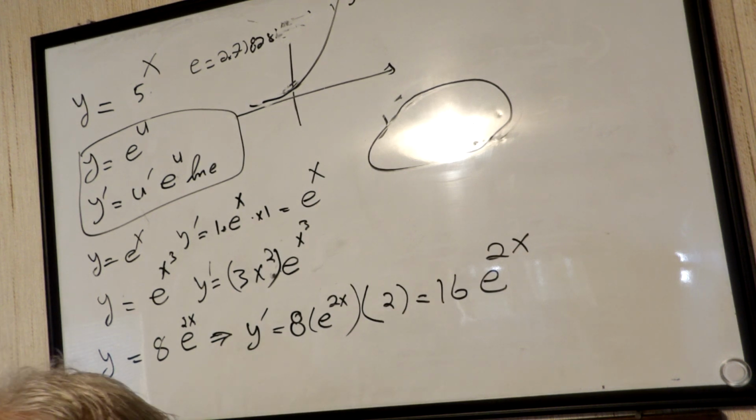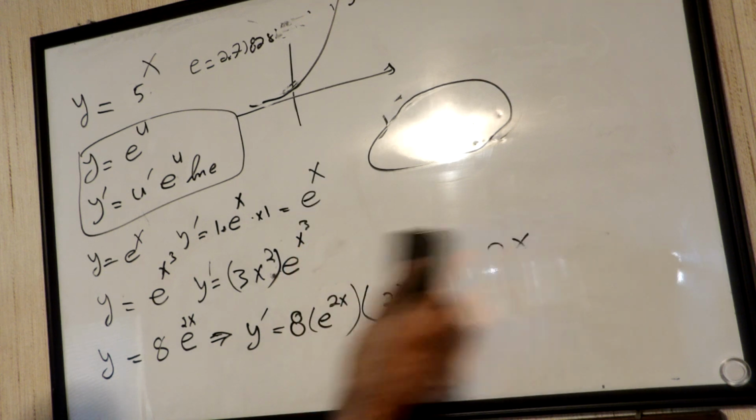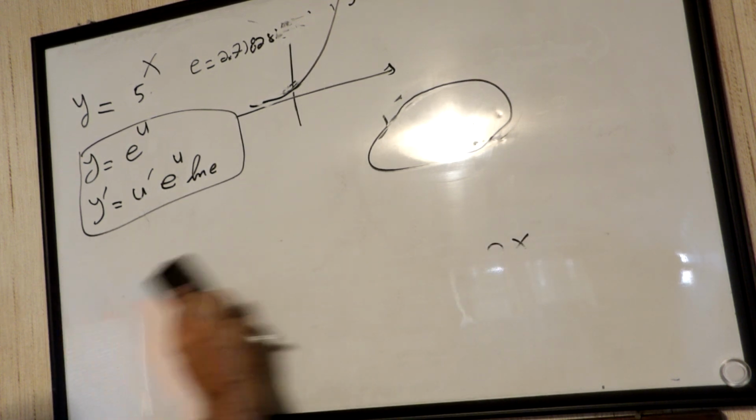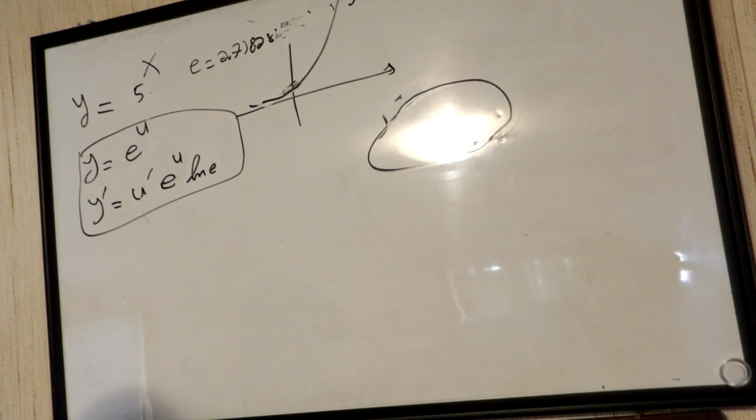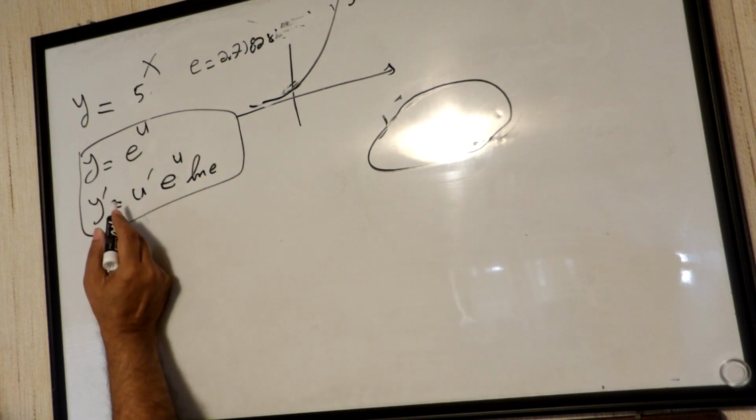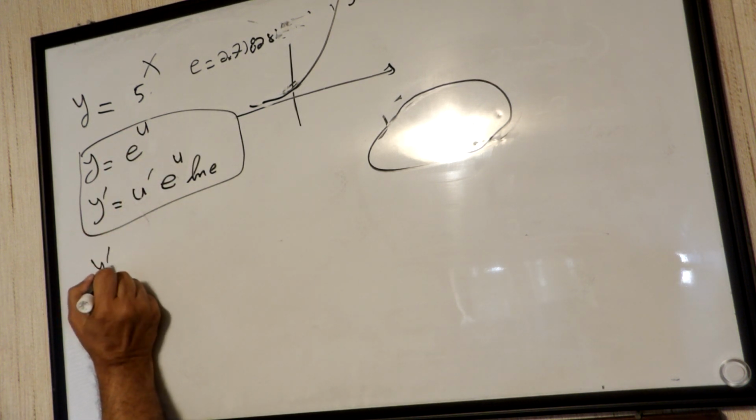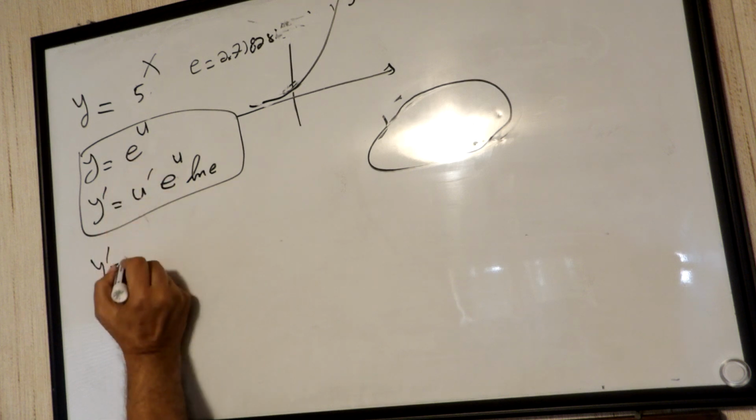Now we get back to this. We put a number here. We put 5 to the power of x. Y prime is going to be, u prime is going to be 1.